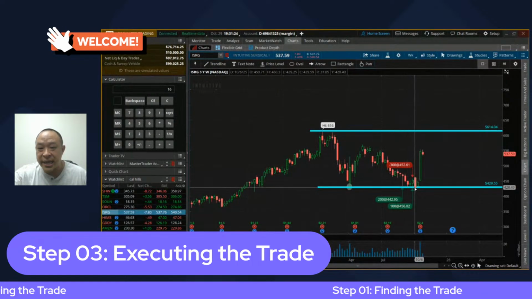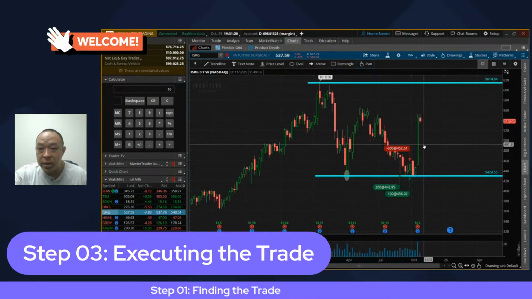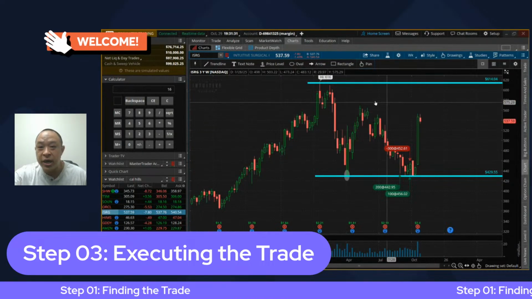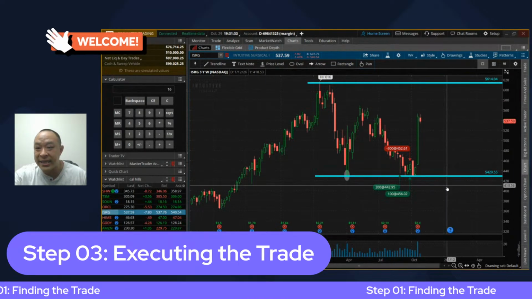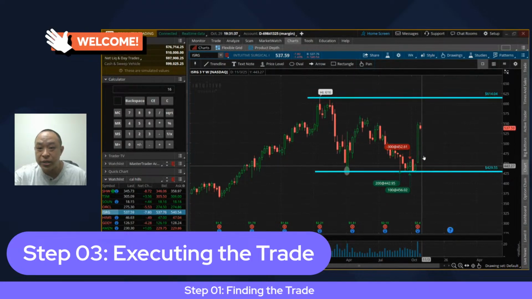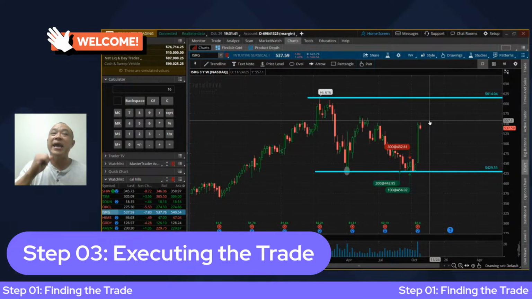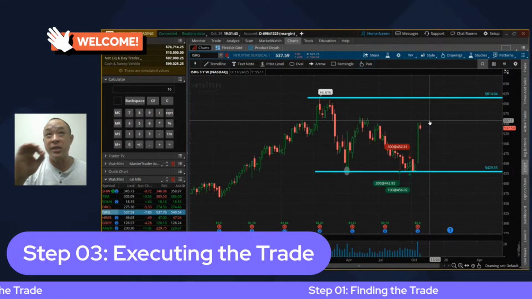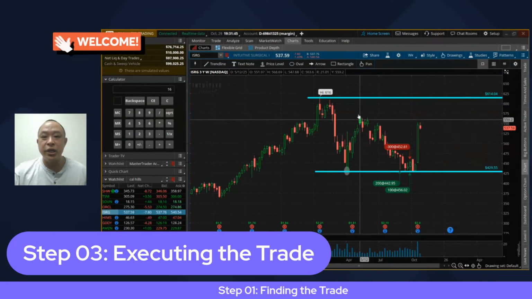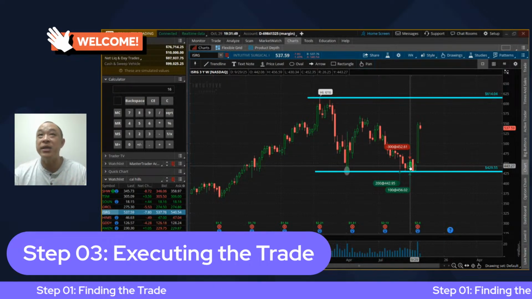It consolidated right here at $430, and then boom, look at that. Look at this big, huge move, and it went back up to the prior high. That is almost a $120 move in 2 days. That is how you make money in the markets, and how you put the probabilities on your side by looking at patterns to help you predict what's going to happen in the future.